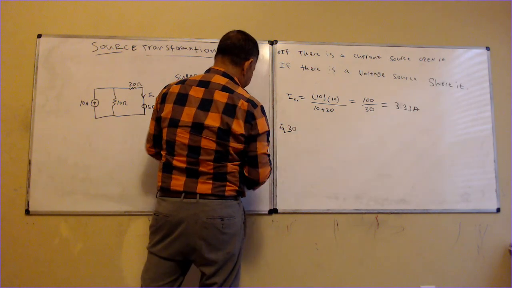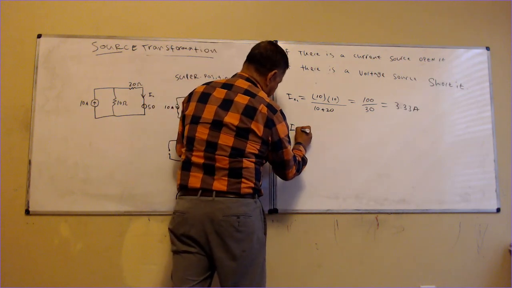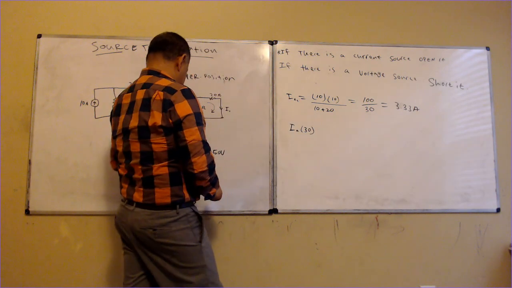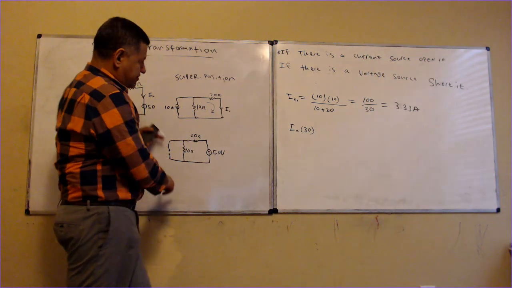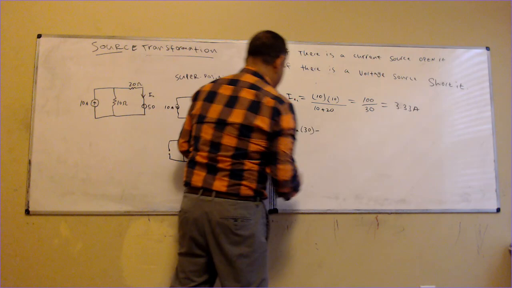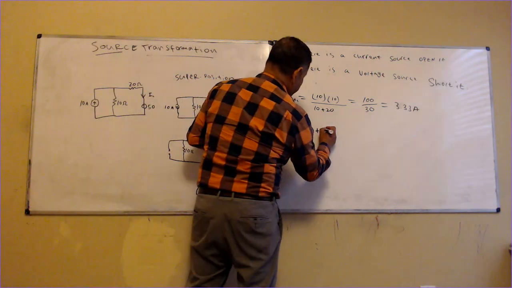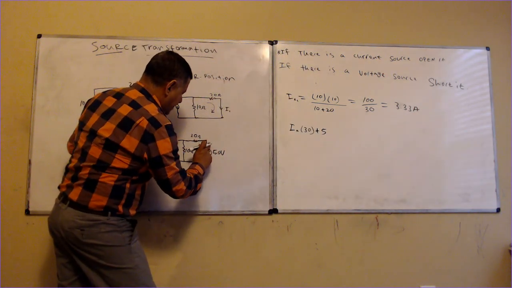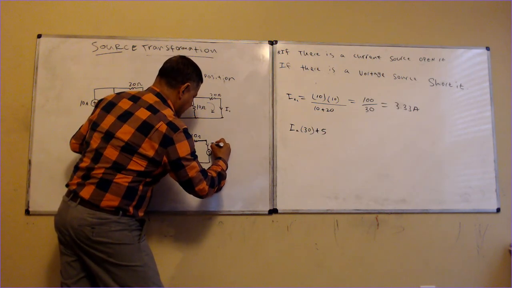And I can call that Ix2. You can say that Ix2 times 30, because this is in series now, plus this guy, because it's what I'm looking for, that Ix.